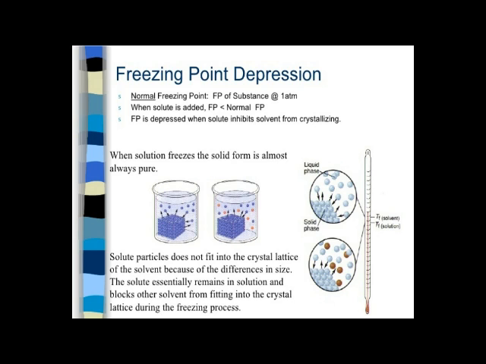The solute essentially remains in solution and blocks other solvent from fitting into the crystal lattice during the freezing process. That's why freezing point depression takes place. So when the number of solute particles increases, the freezing point decreases.